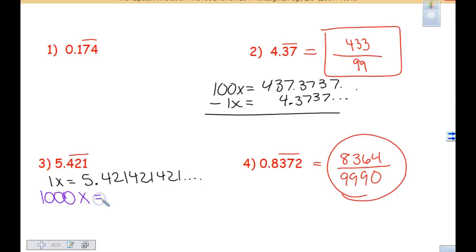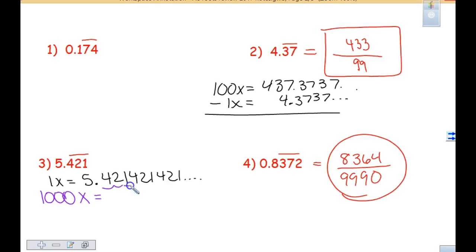1,000x equals. Now, I had someone doing some kind of wild stuff when they were getting help on this. They multiplied this by 1,000. What did you get when you multiplied that by 1,000? That was the one I've had trouble on. Okay, so multiplying by 1,000 does what to my decimal point? Moves it how many places? 3.